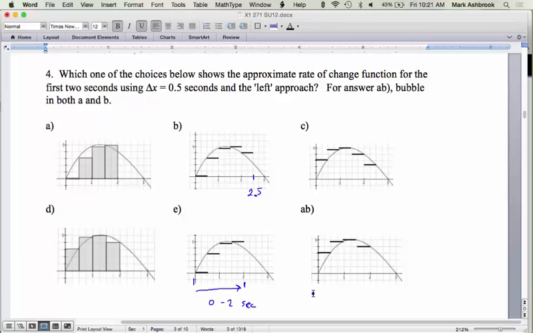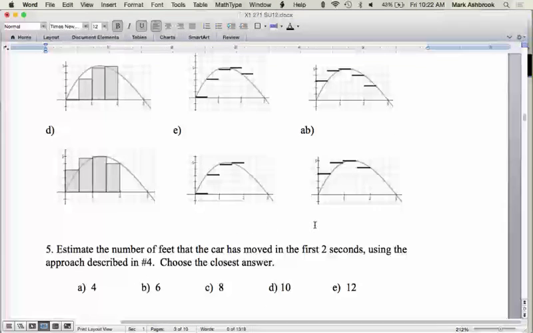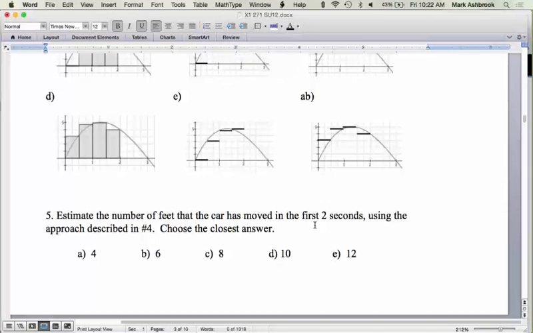Okay, and then if we wanted to approximate, so we're looking at the approximate rate function that's been specified, using the left approach and showing it for the first 2 seconds. So estimate the number of feet the car has moved in the first 2 seconds using this approach. Choose the closest answer.